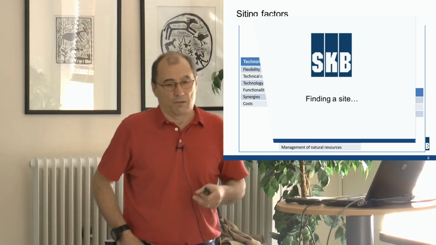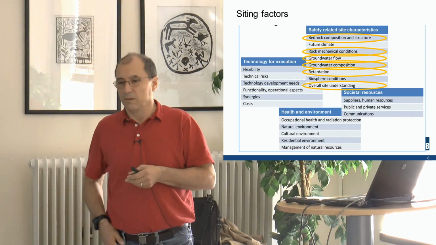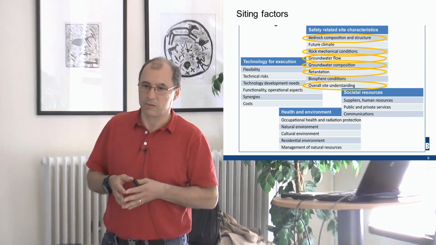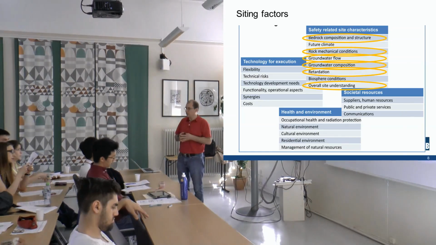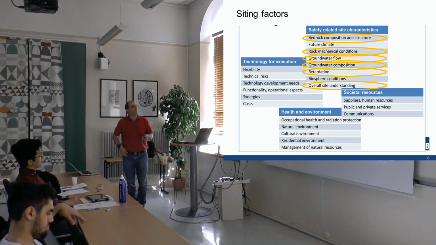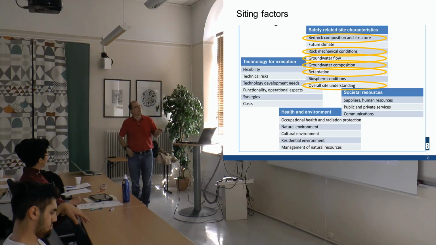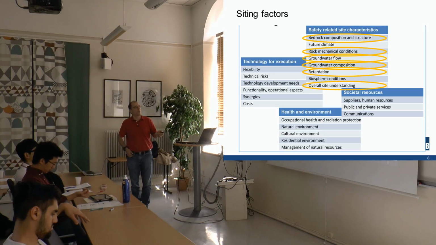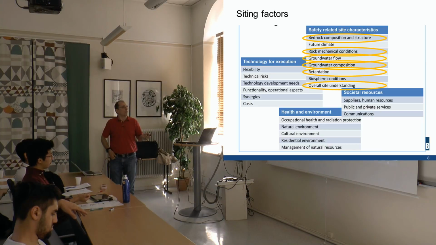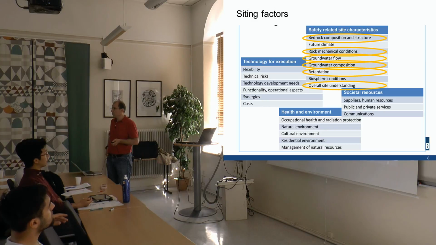So, to find a site, first of all, you need some ideas about what is important. So, ideas about the safety functions. This is the safety related to the site characteristics, the bedrock composition and structure, rock mechanical conditions. Do you know what rock mechanics is?